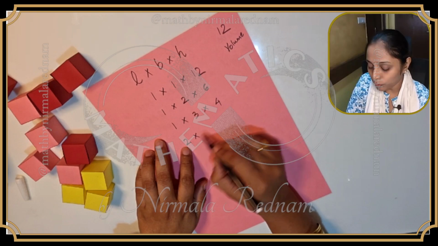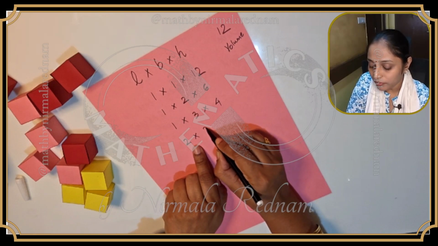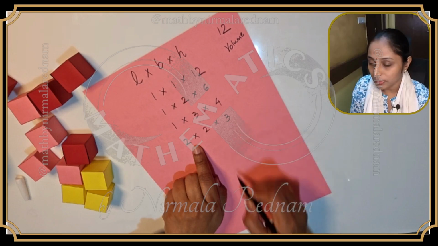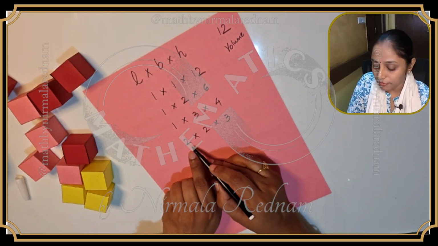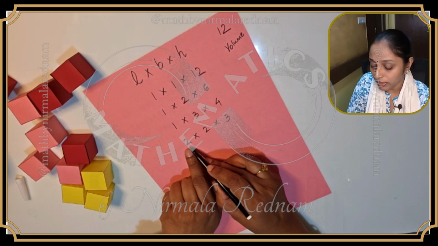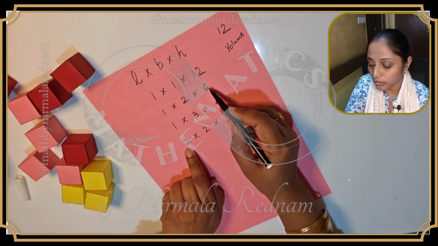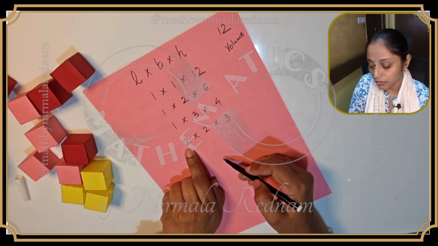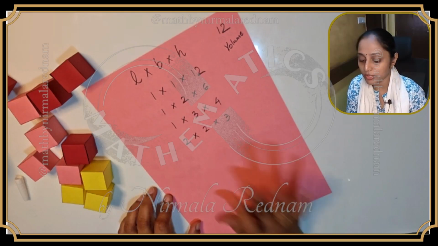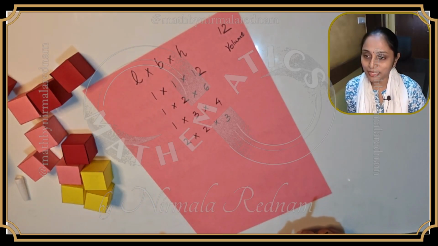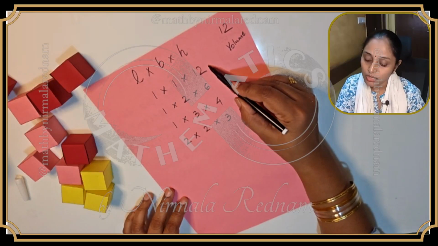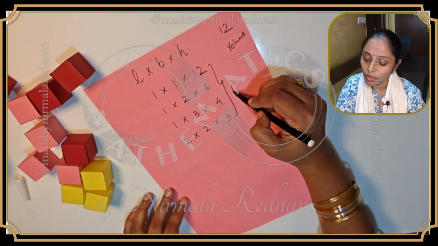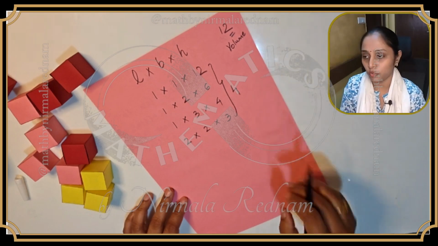And once I have 2 here, I have 2 and 3, correct? After that, when I have 2 here, if I put 1 and 6, it's going to be a repetition, correct? And after this, you can quickly check that there is no other possibility. That means there are only 4 such cuboids you can form using these 12 cubes, right?